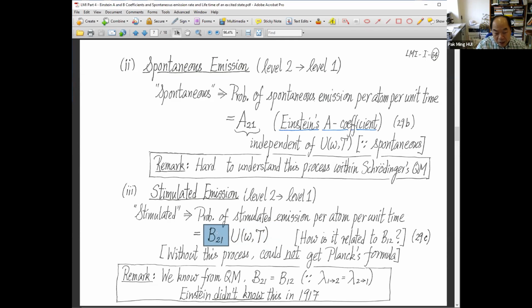But with our quantum mechanics knowledge, because we know an expression for lambda 21, and we know that it is true, therefore we would expect Einstein to get B21 equals B12. Okay? But at this point, this relation is not known. It is yet to be discovered.